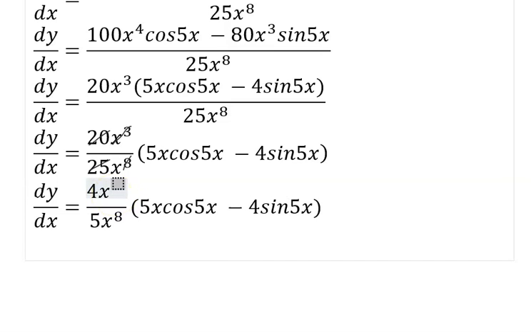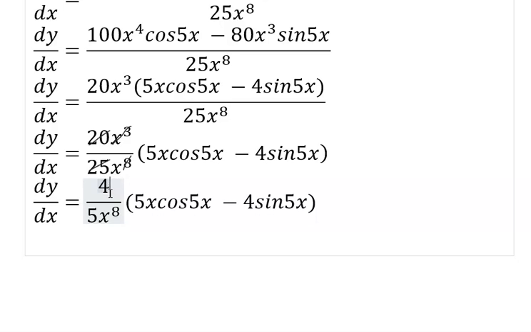That means this x in 3 places has gone. We'll be left with what? With 4 here. We'll be left with 4 here. Now x in 8 places, if we remove x in 3 places, we'll be left with what? x in 5 places here.